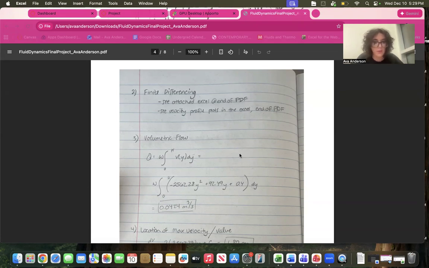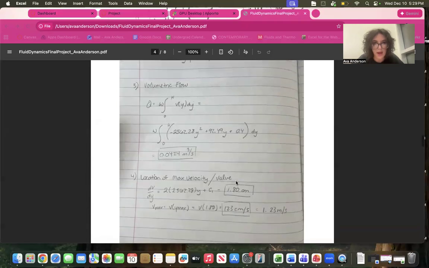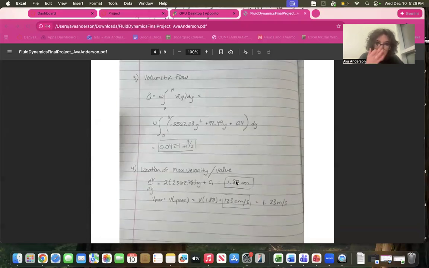Finite differencing, you can have more complicated profiles because you're just looking at point values down the profile. It's not an overall equation. The problem with that is that it's more of an estimate as compared to analytical solutions being more exact. But I solved for the volumetric flow and everything else past that with the analytical solution.